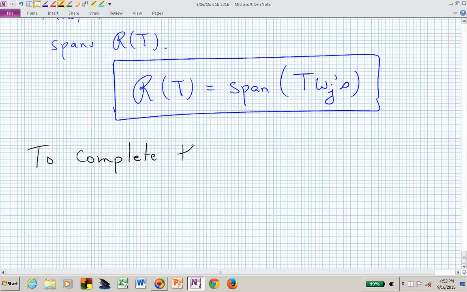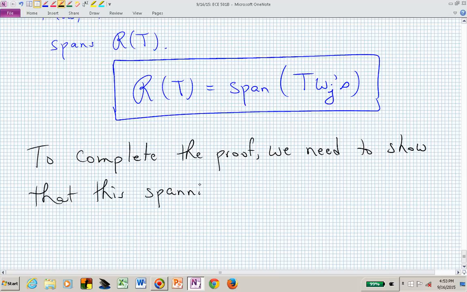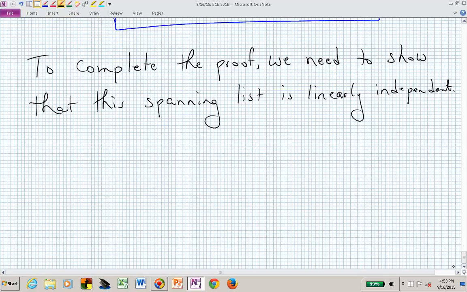To complete the proof, we need to show that this spanning list is linearly independent, and that we're not going to throw any of them away. To do that, let's look at the following.